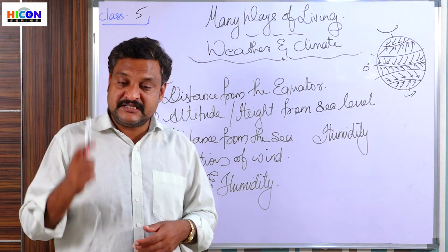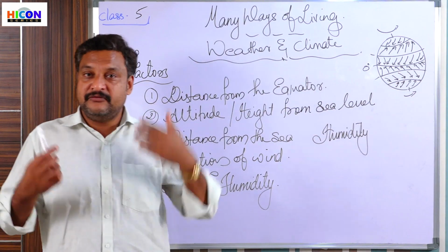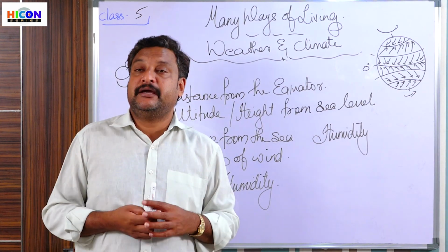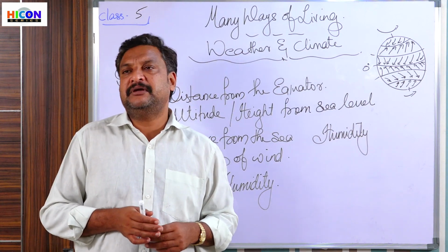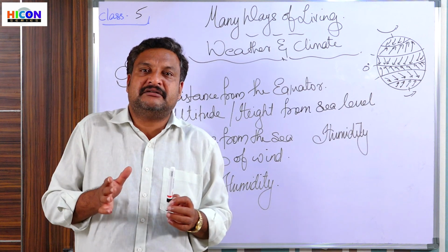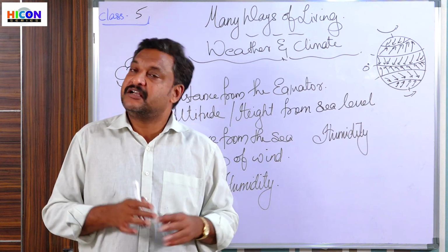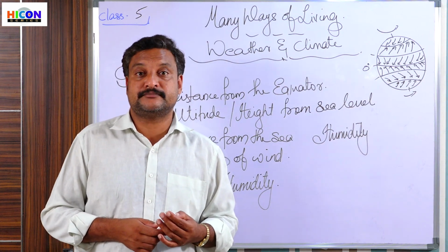So if the humidity increases, we sweat a lot, right? And that is why the places near the sea will have what we call a sultry condition. It's humid, it's hot, and we sweat a lot.